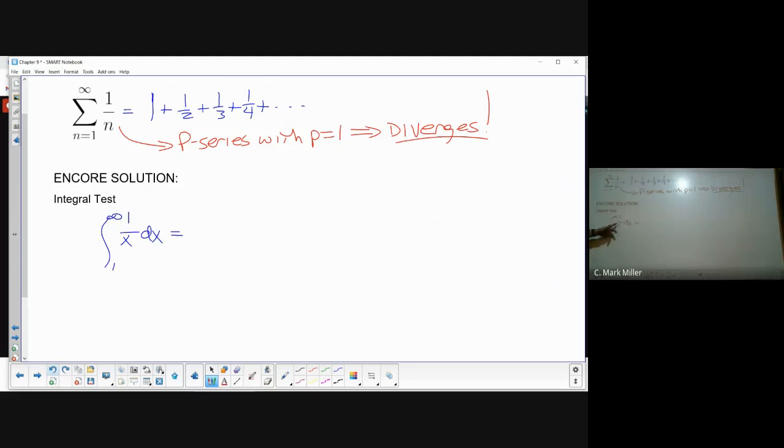What is the antiderivative of 1 over x? It's not x to the -1. Well, this is x to the -1. The derivative of x to the -1 would be -1 times x to the -2.